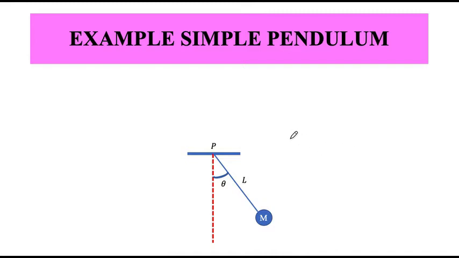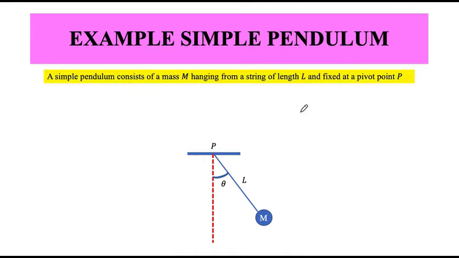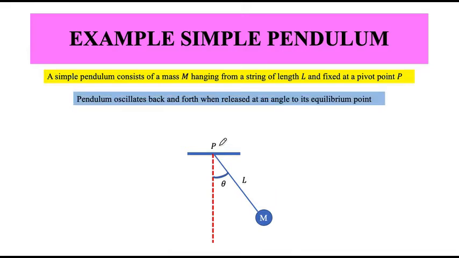Its construction has a mass m, a little string of length L, hinged to a pivot point P. We all know that if I start from a position given by theta from here and just let it go, it will keep on oscillating back and forth around its equilibrium point. Now how do we explain this dynamic, or explain what the pendulum does, as a mathematical model?